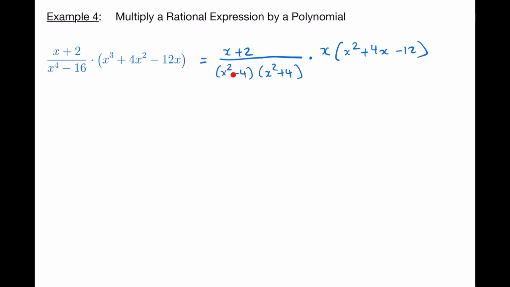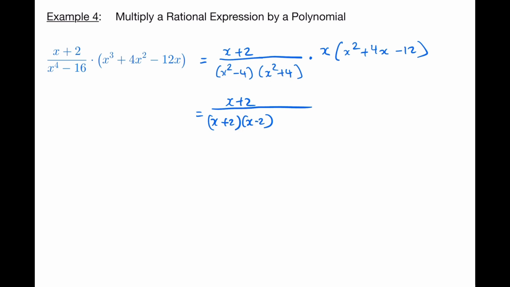This is a difference of perfect squares. So this becomes x plus 2 over x plus 2 times x minus 2, which are the factors of x squared minus 4.